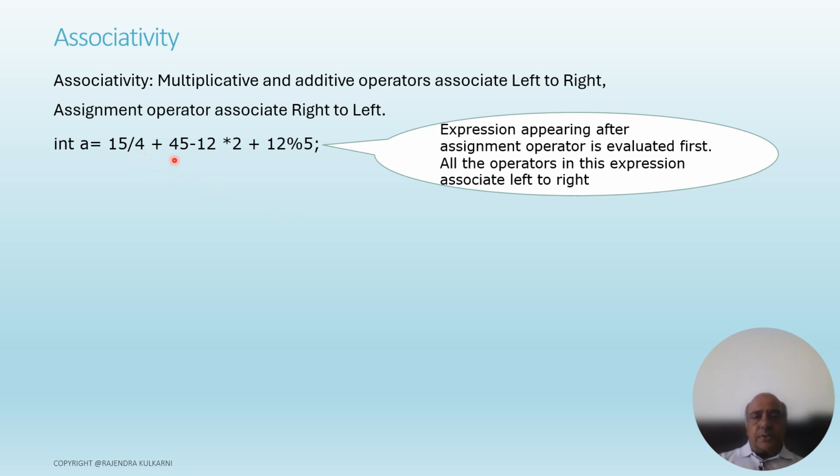All the operators in this particular expression associate left to right. So first 15 divided by 4 will be evaluated. Since these are int constants, its value will be 3. On evaluation of 15 by 4, the resultant value is 3.